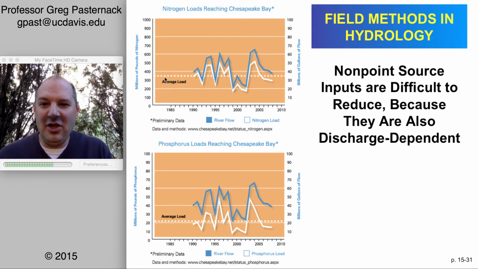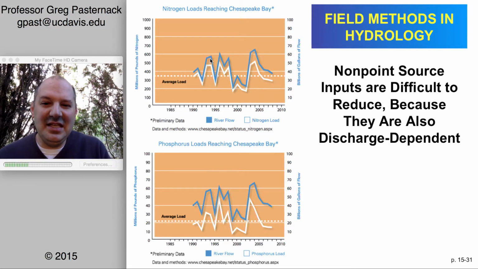Here, if we look at the top, we've got nitrogen load reaching Chesapeake Bay, and we've got the river flow as the blue bars going to the right y-axis, and then we've got the load of nitrogen going to the left axis. Millions of pounds of nitrogen coming in as a result of human activities primarily.